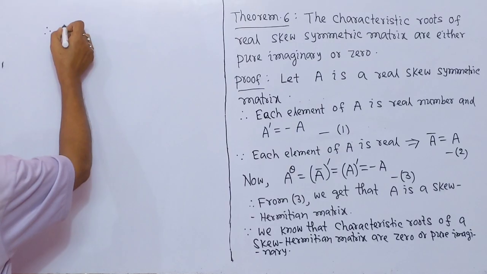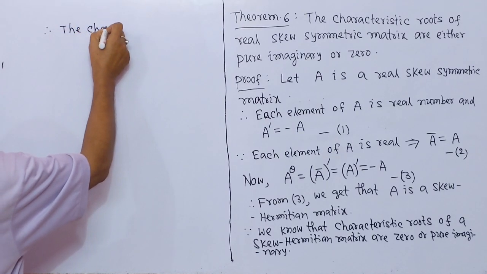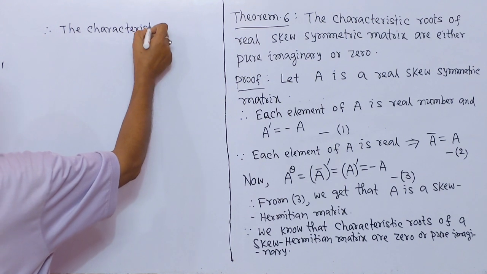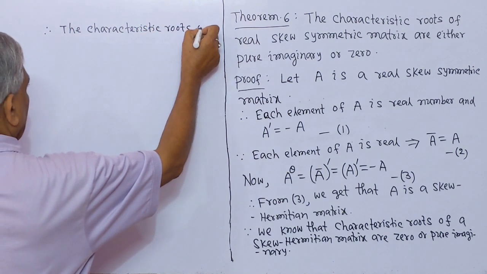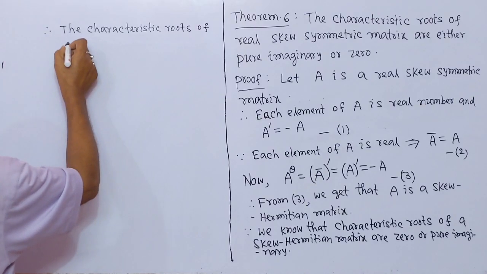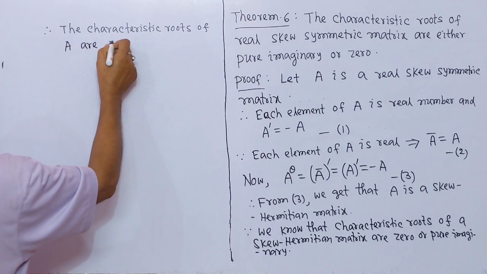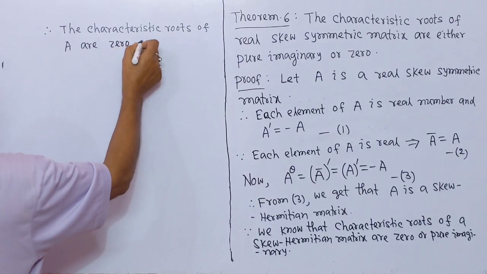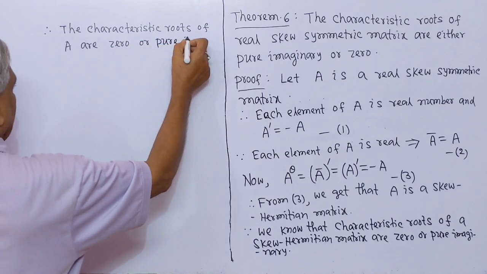Therefore, the characteristic roots of A are 0 or pure imaginary.